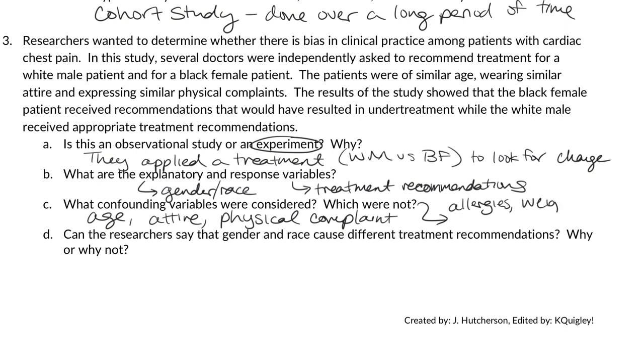I'm thinking like weight. We didn't control for weight. Genetics, family history. I didn't have this written down, but my last class, this was a good one. They said doctor's training. So if a doctor had been trained differently, we didn't control for the doctor giving different recommendations.